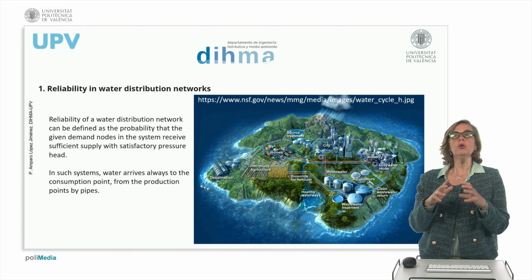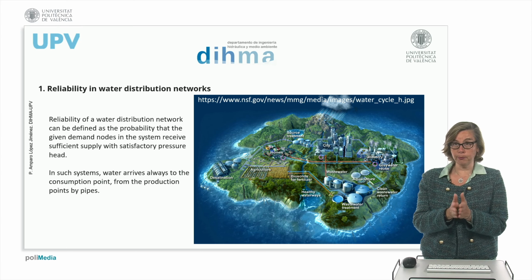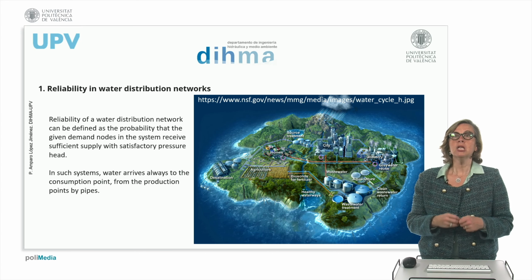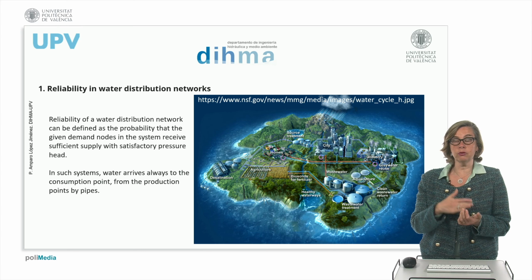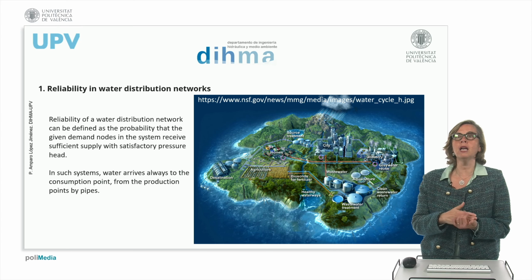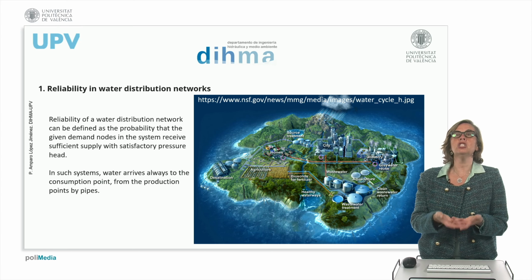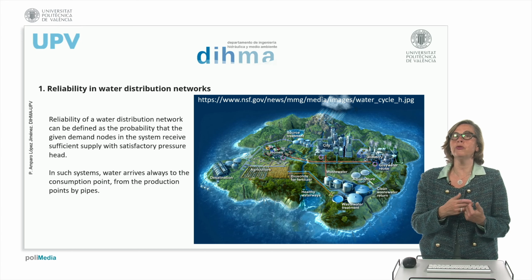But in the middle, we have to give the water to the supplied system in a city, to the citizens, with conditions of pressure, flow, and quality ensured at any point. The way in which we give this water without the risk of interruption, without the risk of losing pressure, or losing flow, or losing quality is the reliability of the system, and we must give these conditions to the consumer at any moment with the required pressure, head, and flow.